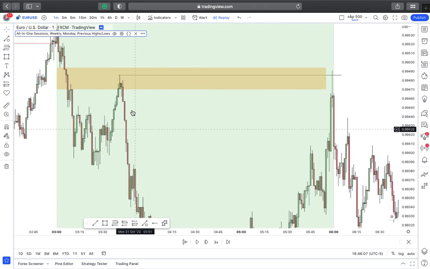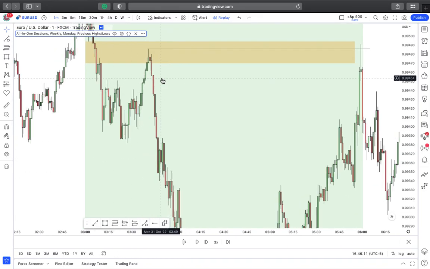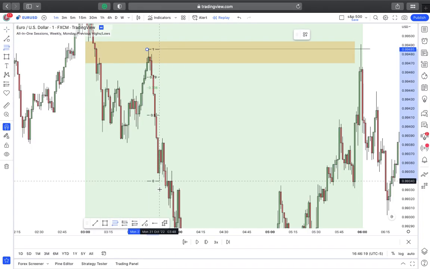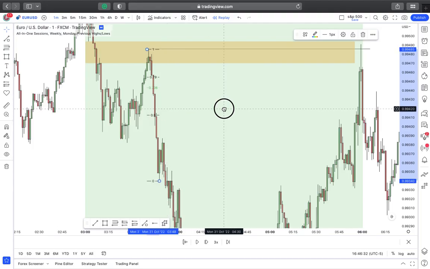So all of these fair value gaps do not have any retracement, right? For you to take any entry, the last retracement that I can see is here, and that did not come up to the 0.50 level, like the equilibrium.